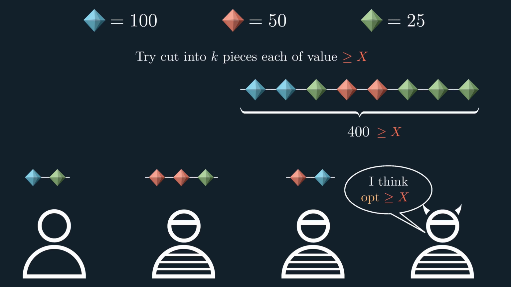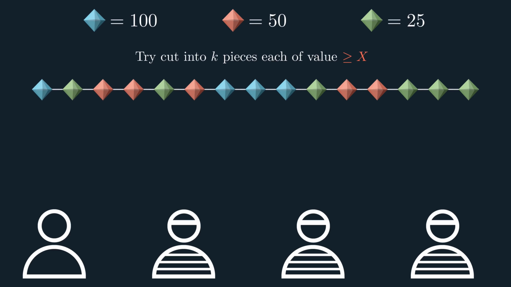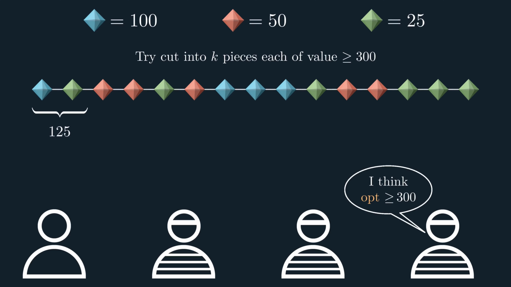I wonder why. Still, there's another kind of problem that might occur. Let's say that our friend makes a new guess. This time, he's far too generous and claims that the optimum is at least 300. Now, we apply the same strategy as before and start adding gems to the current piece until we reach a value of at least 300.